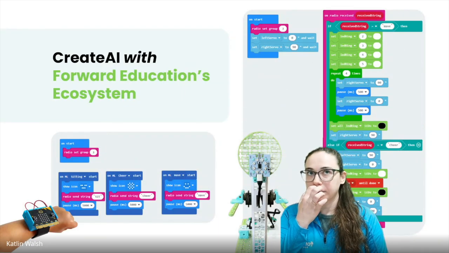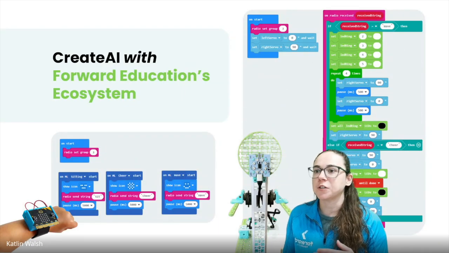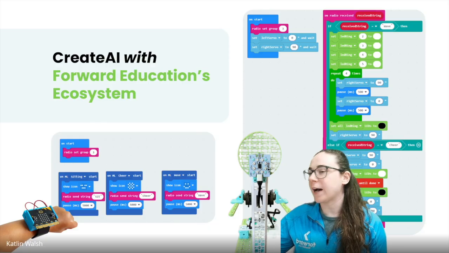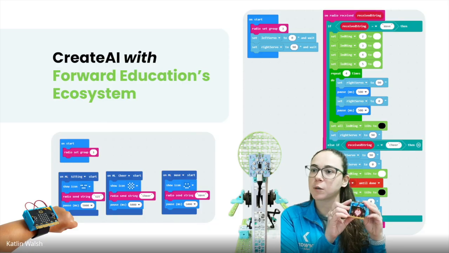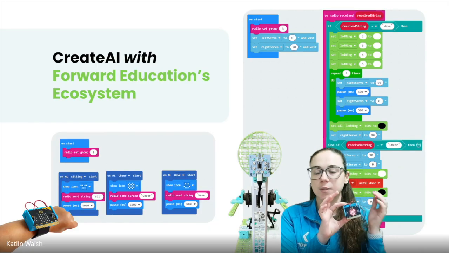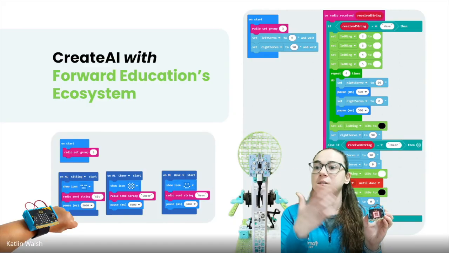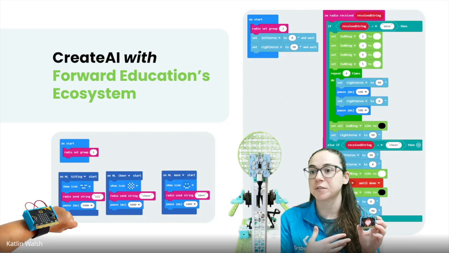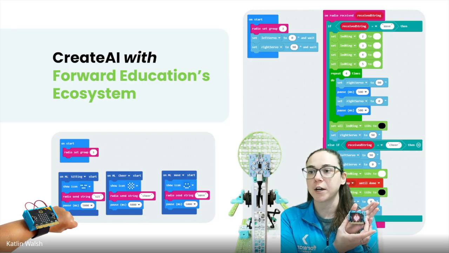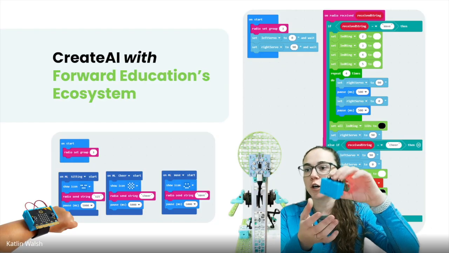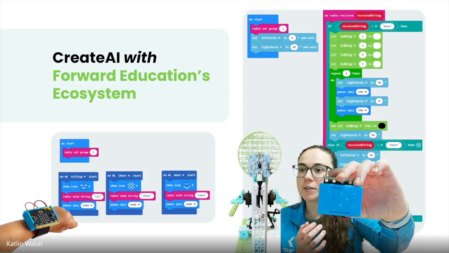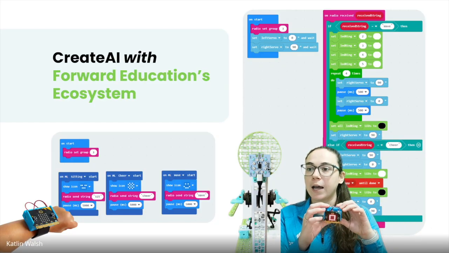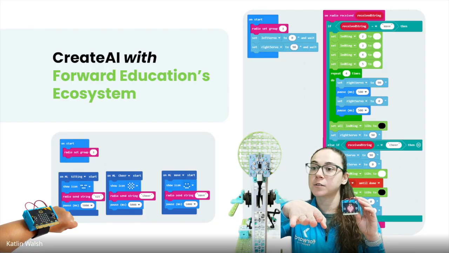We also love connecting Create AI with Forward Education's ecosystem. So if you have a Charge or even just a micro:bit V2 and you're exploring some of these project ideas, you can extend the capabilities to connect to other Forward projects. So a really cool extension for this Forces and Motion project is to connect our Charge with the little building blocks here using motors and add a crash test for a car.